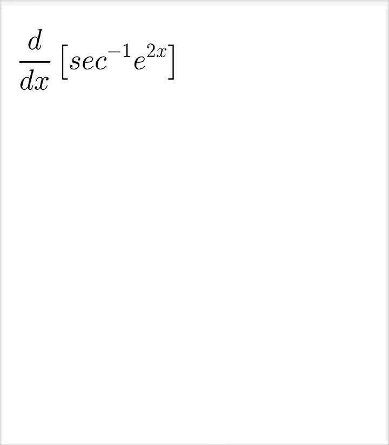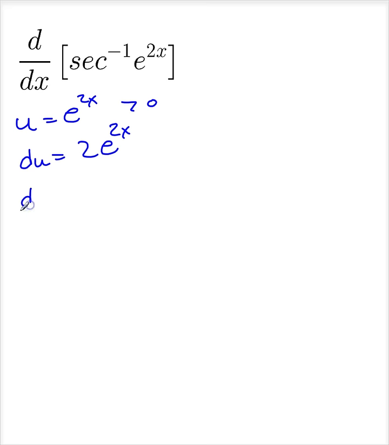Now let's look at the derivative with respect to x of secant inverse of e to the 2x. I'm going to let u equal e to the 2x. So u prime is 2e to the 2x. Now I want you to notice that this is always positive.